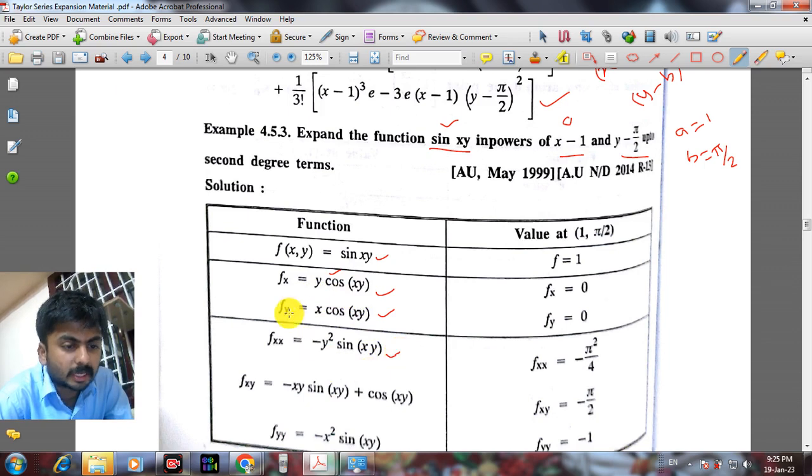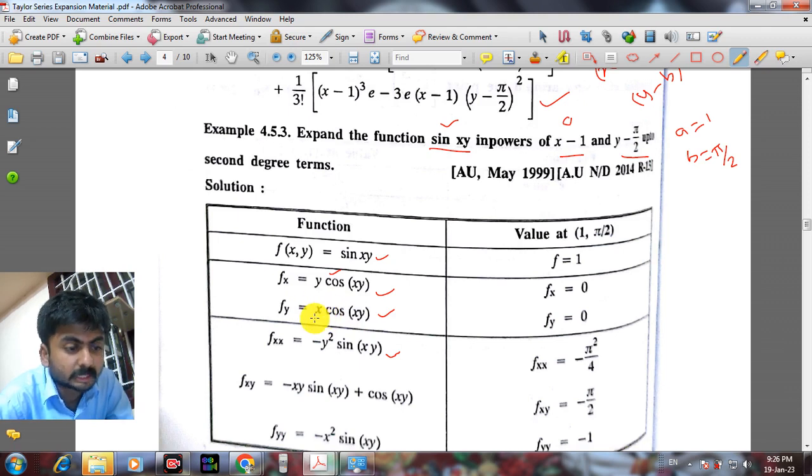Now I am supposed to differentiate y cos xy with respect to x. Here y is an algebraic function and cos xy is a trigonometric function. According to ILATE, that is according to the hierarchy of giving preference for choosing u, we have to choose u as the trigonometric function.